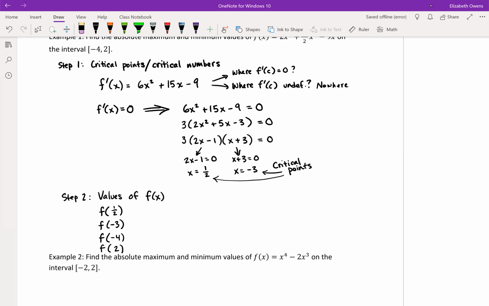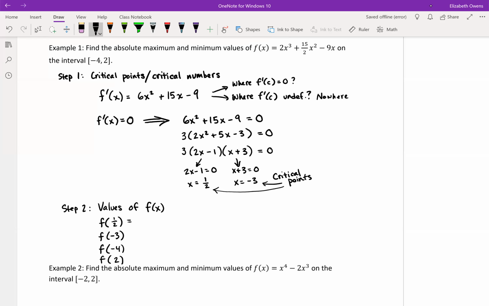And for these, especially with f of 1/2 here, plugging that into the function can be done by hand, but you could also use your calculator on this. Yeah, because doing 1/2 cubed is not that bad, 1/8.